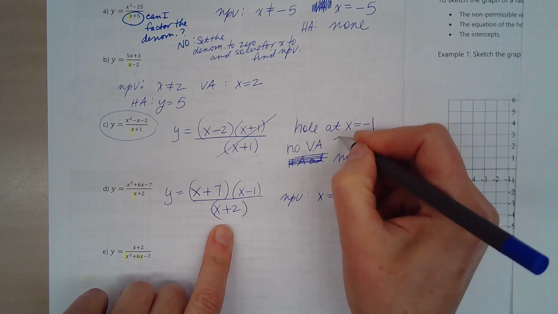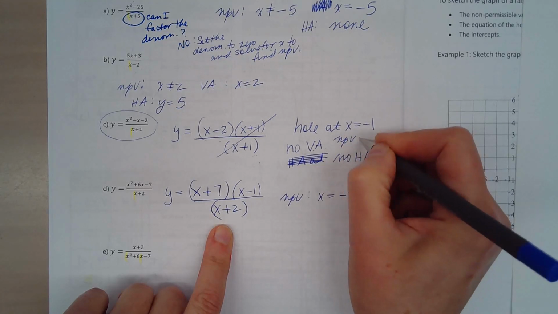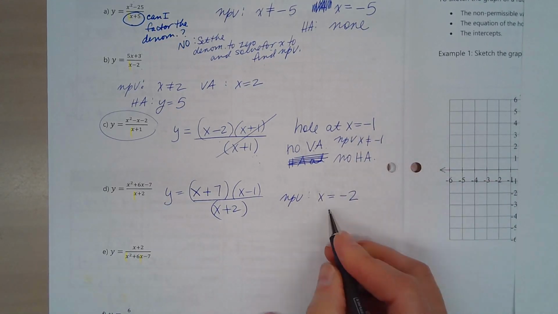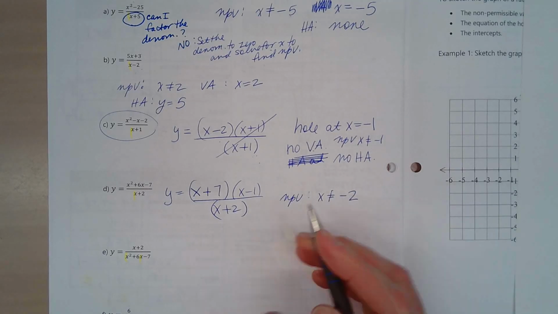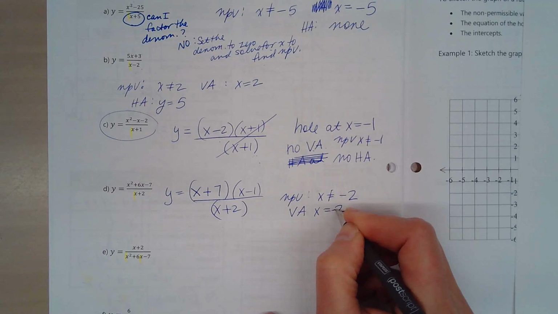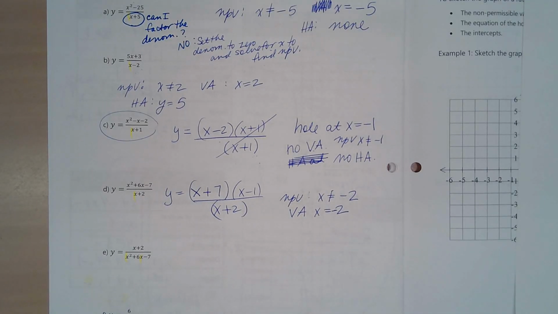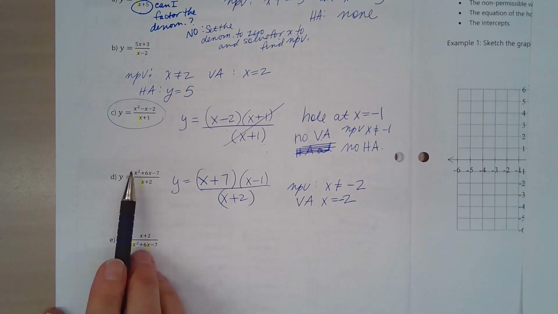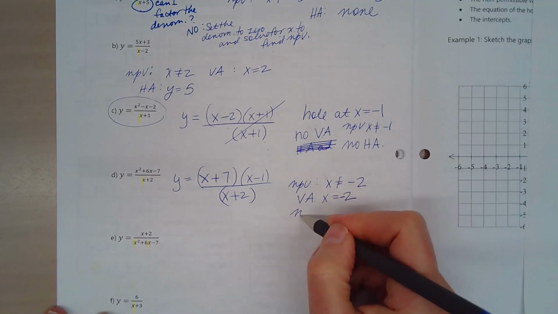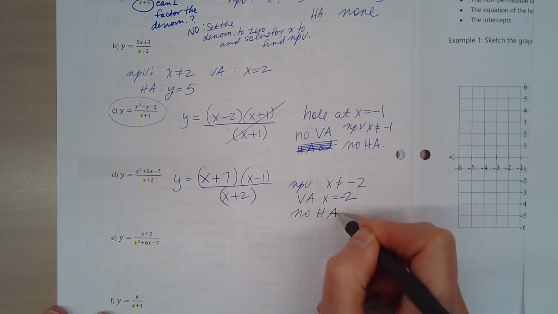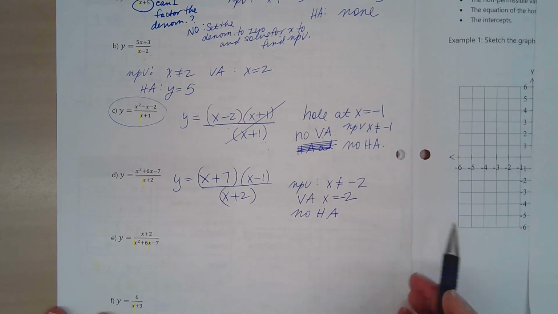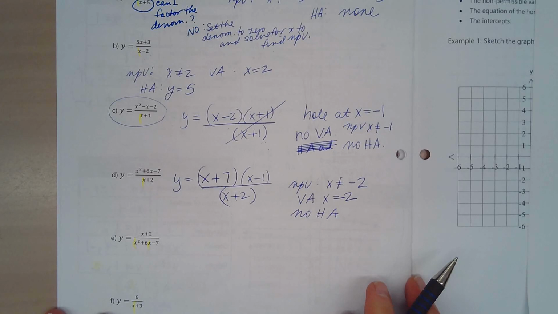I guess I should have done my non-permissible value here too. Non-permissible value, x can't equal negative 2. It's a vertical asymptote then at x equals negative 2. Higher power of x is on top than bottom, so no horizontal asymptote. That's it. I got my non-permissibles and my asymptotes recorded.